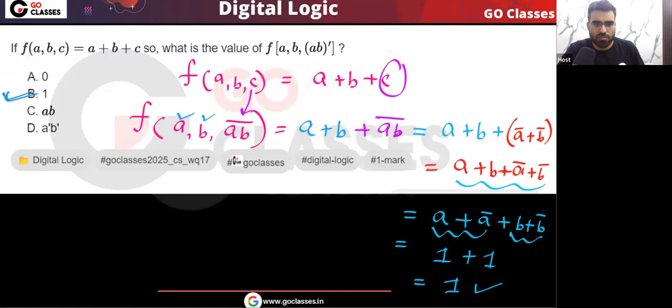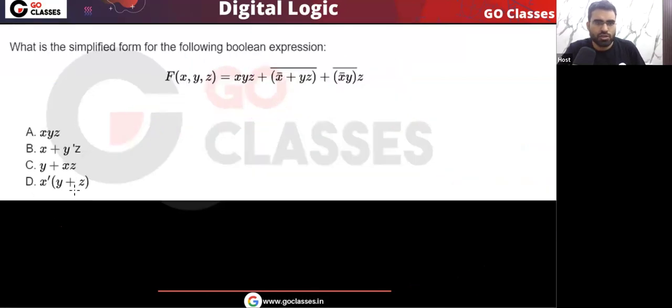Now let's move on. Let's solve this question. What is the simplified form of the Boolean expression? This Boolean expression f(x, y, z) is given to us, and the question is asking for its simplified form. So let's solve it.